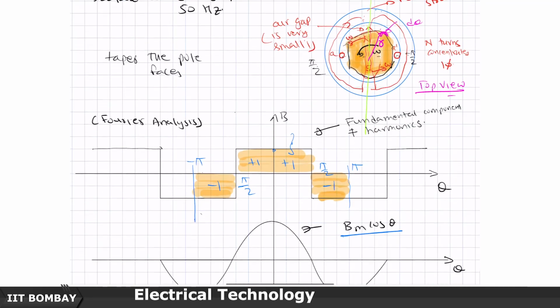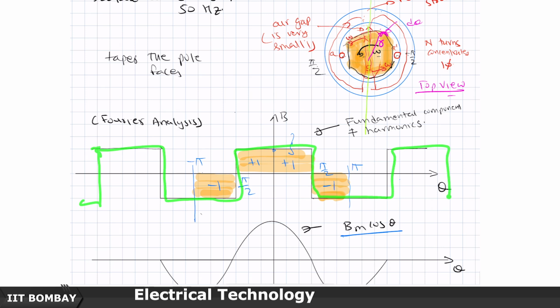This is also the reason why I did not stop at just drawing this much of the waveform. I drew it much more because when I come from here and circle, I have completed 2 pi. Then I start the next circle, I complete 4 pi rotation, and so on and so forth. So, therefore, this waveform will come like this, again follow like this, go like this.